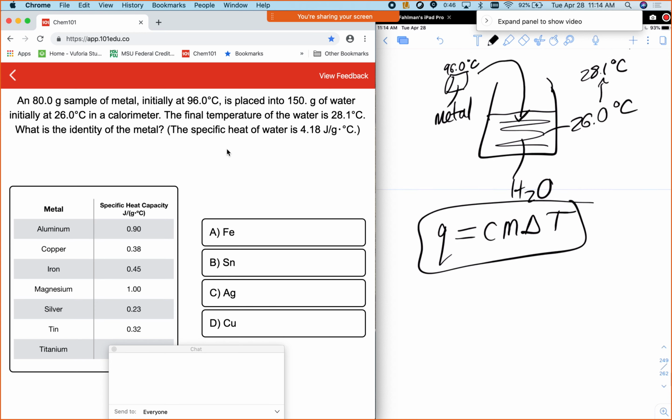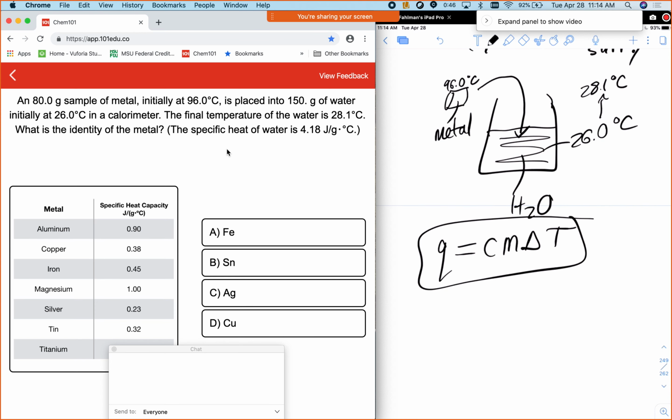The way to approach a question like this is that Q of the metal, the heat that's being released from the metal, so negative Q because it's exothermic, is going to be the same heat that is absorbed by the water.